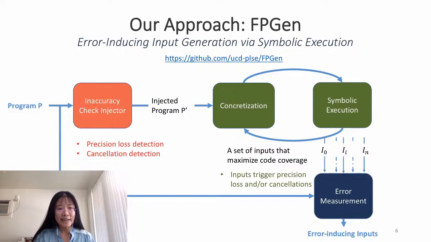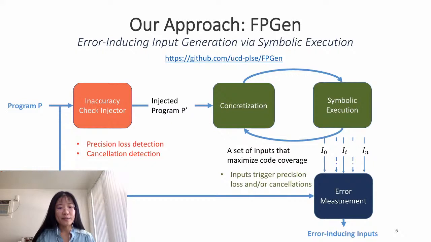If it times out, then we reduce the number of symbolic variables. And if it terminates, then we redistribute concrete and symbolic variables and redo concretization and symbolic execution. So this process can be repeated as many times as needed until the time is out.